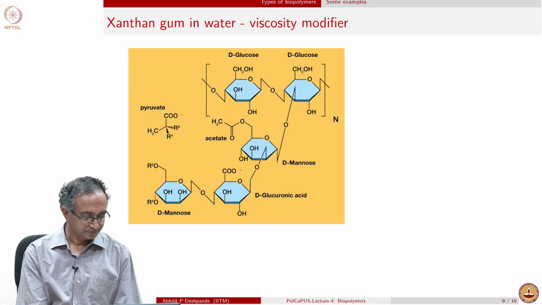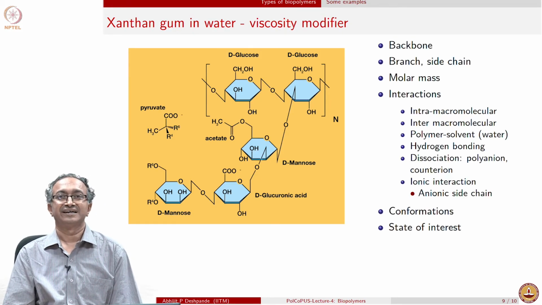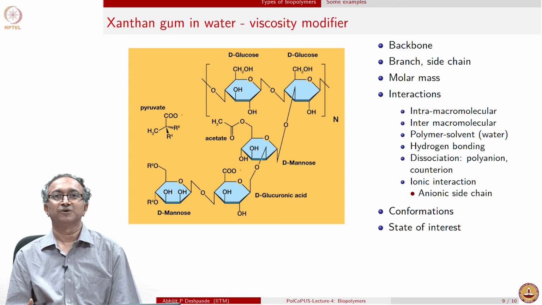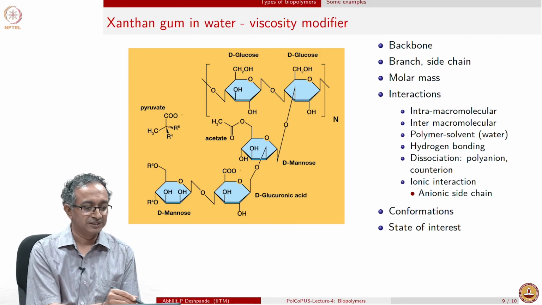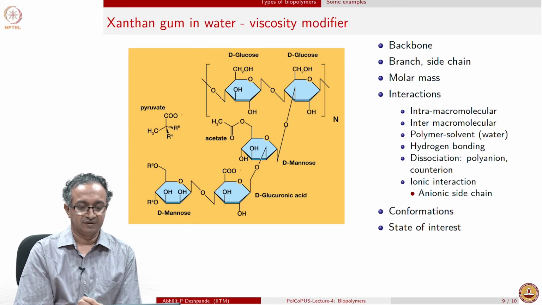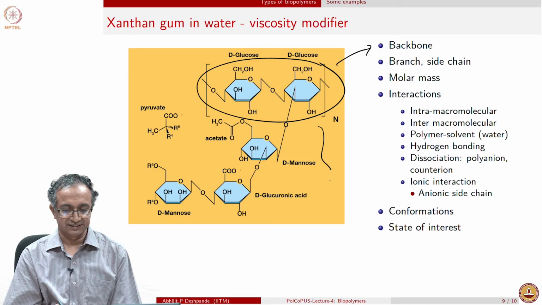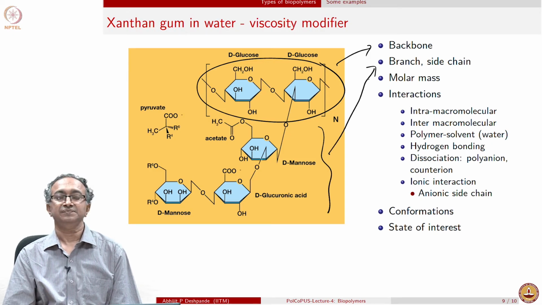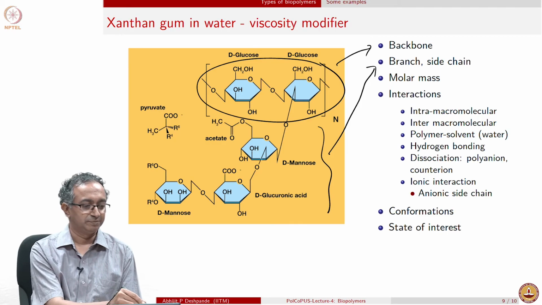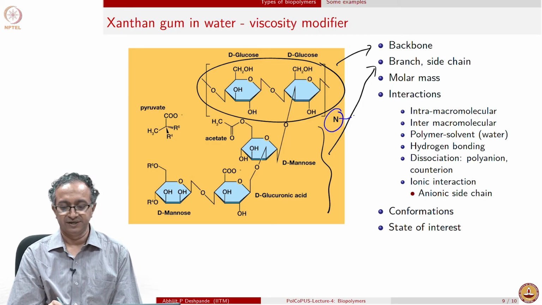Let us continue. These are all the features that are there in this, and this is the beauty of a natural polymer. A lot of variety of contents are there which allow a lot of interactions to take place, and therefore, this polymer to exhibit one type of property or the other. So, of course, the backbone itself is there. You can see that there is a side branch. The molar mass of course depends on the degree of polymerization.